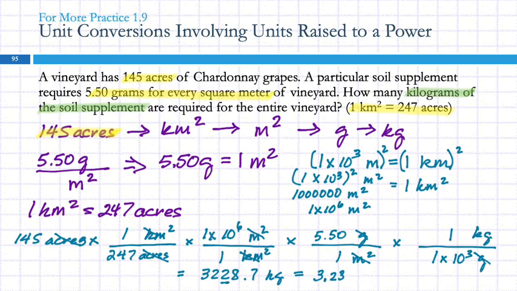So 3.23 times 10 to the 1, 2, 3 kilograms of soil supplement. It's a big number, it's a positive exponent. These take practice.